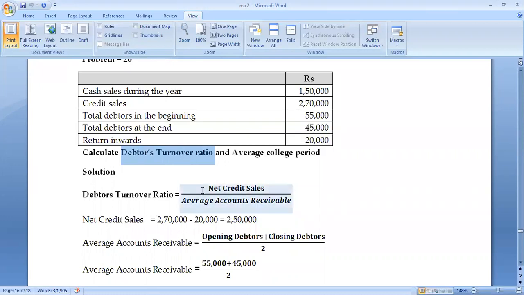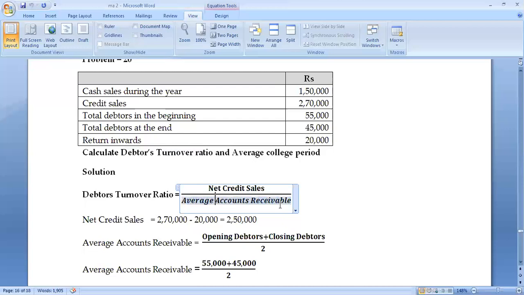And you will compute, along with that, the average accounts receivables. Average accounts receivable is very easy. They'll be giving you the debtors. So what are accounts receivable? Accounts receivable is also called bills receivable, and in a general sense it is sometimes also called the debtors. Clear? Sometimes bills receivable in the beginning and at the end will be given.